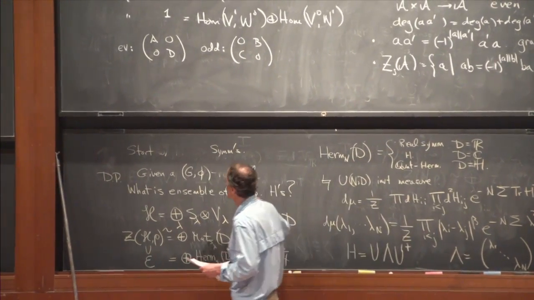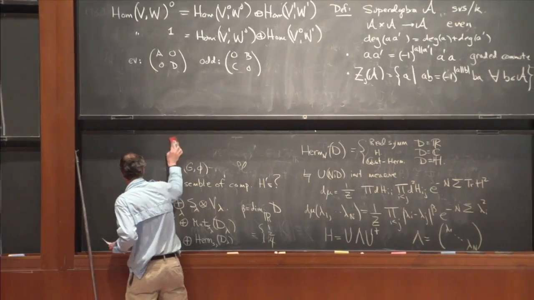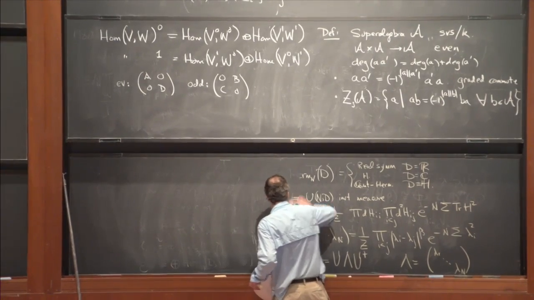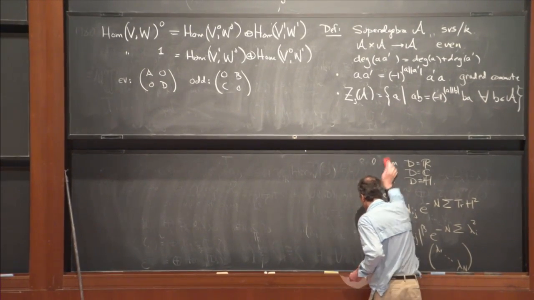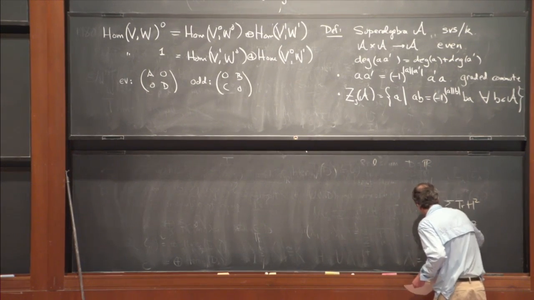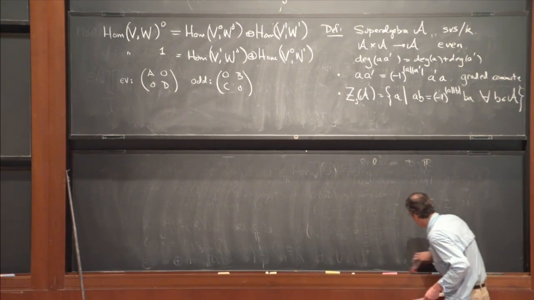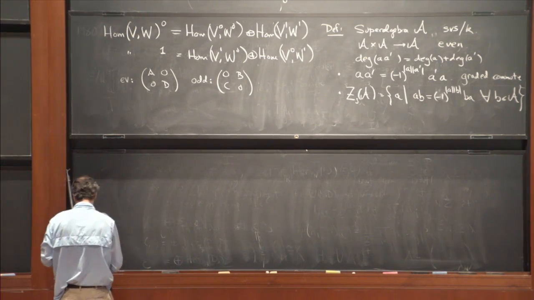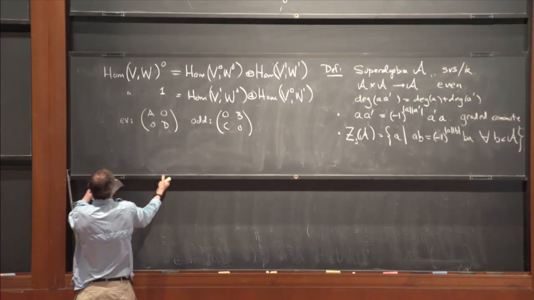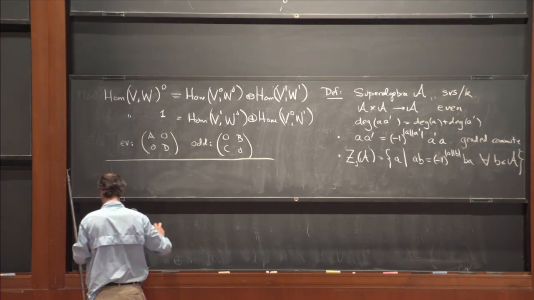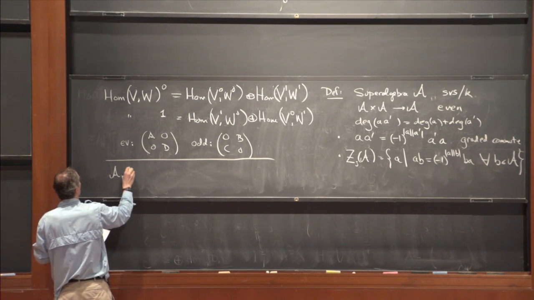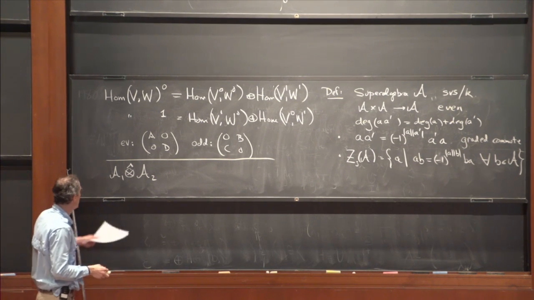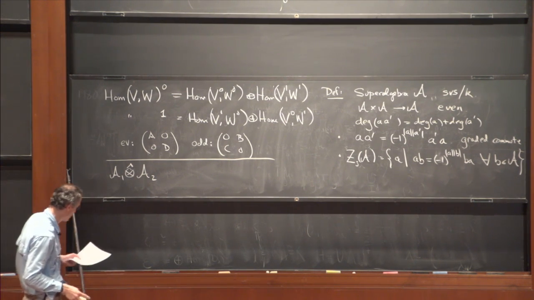Now, one important thing you can do with superalgebras is you can take the graded tensor product. So, first of all, the tensor product of supervector spaces is a supervector space in a more or less obvious way. It's a formula very much like what I just wrote for the Hom between two spaces. For the graded tensor product, A1 tensor hat A2, where the little hat on top means it's the graded tensor product, is first of all a supervector space in a natural way.